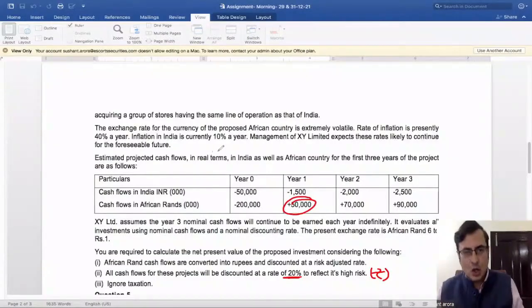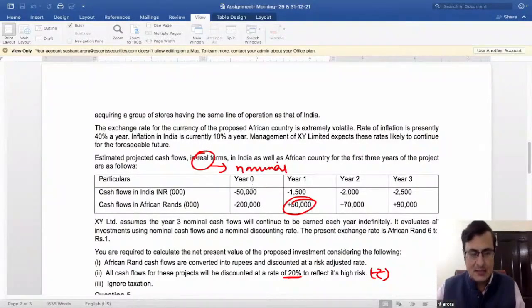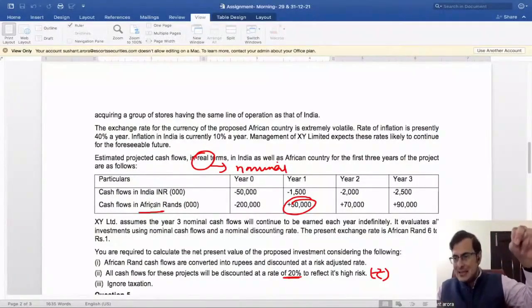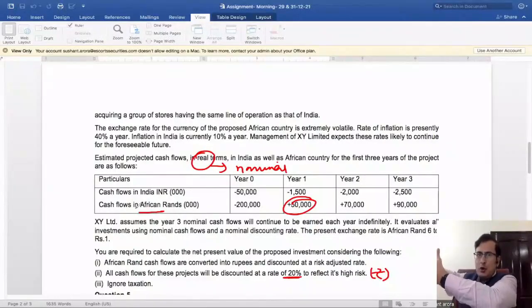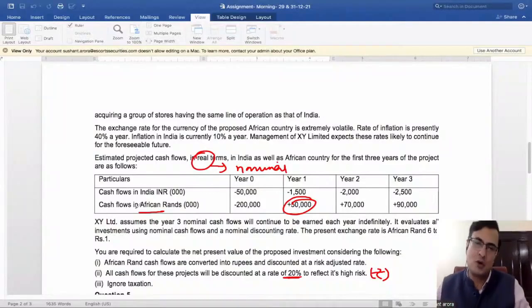First, this real terms we converted into nominal. Yes or no? I repeat, this African rand, all the working is taking place in India. The answer is in India because this is a home currency approach question. You take all your cash flows over here, convert them and see whether the NPV is positive or negative.